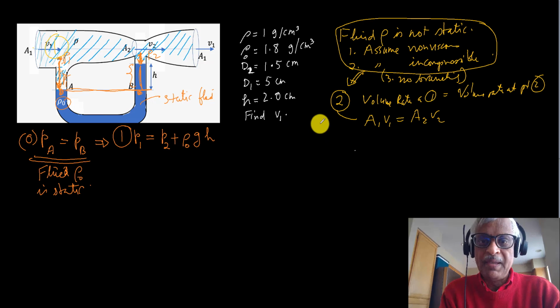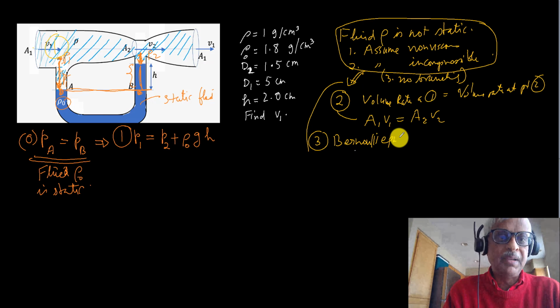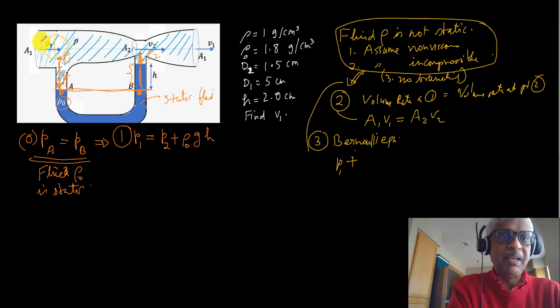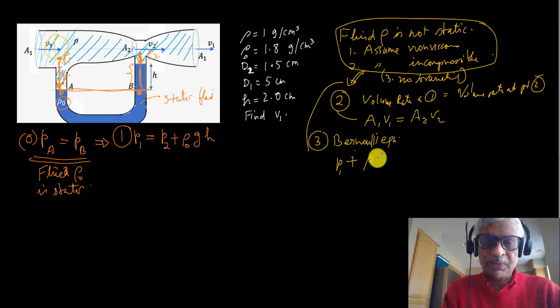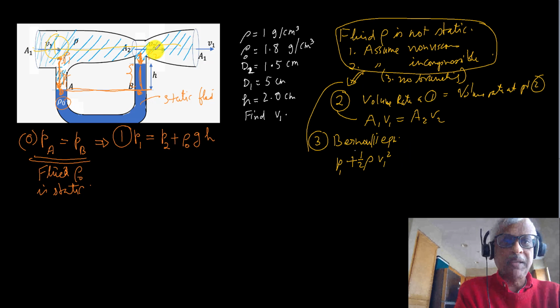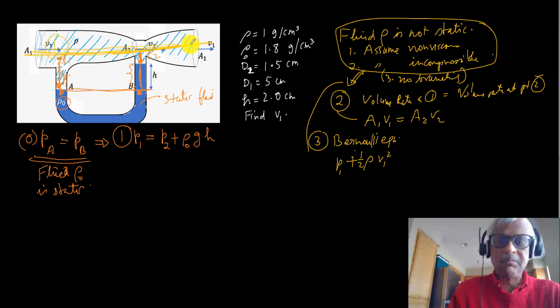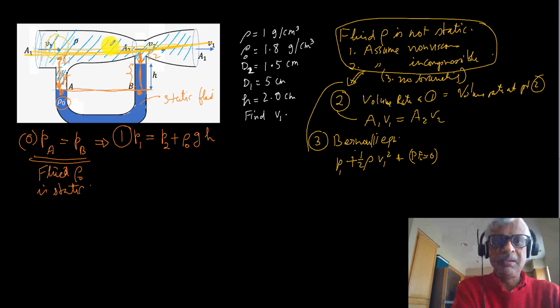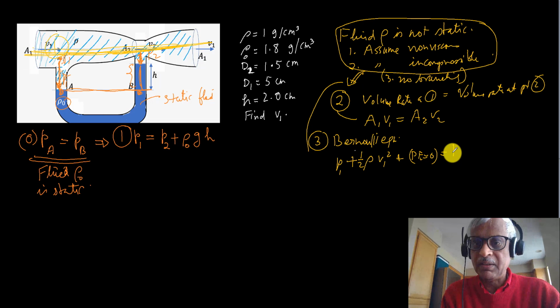This is equation 2, and it gives me the Bernoulli equation, which is this combination of absolute pressure at 1, P1, plus the density of kinetic energy, half rho V1 square, and because these are the same height, we can call the potential energy equal to 0, so it's the same reference on both sides, so I don't have to really write anything down on the other side.